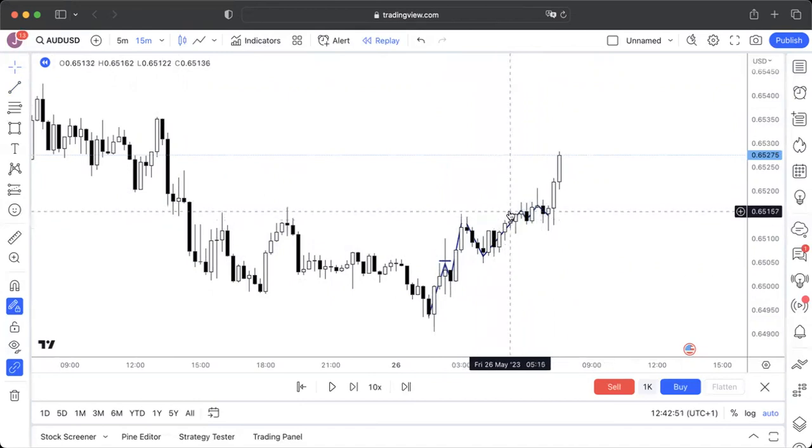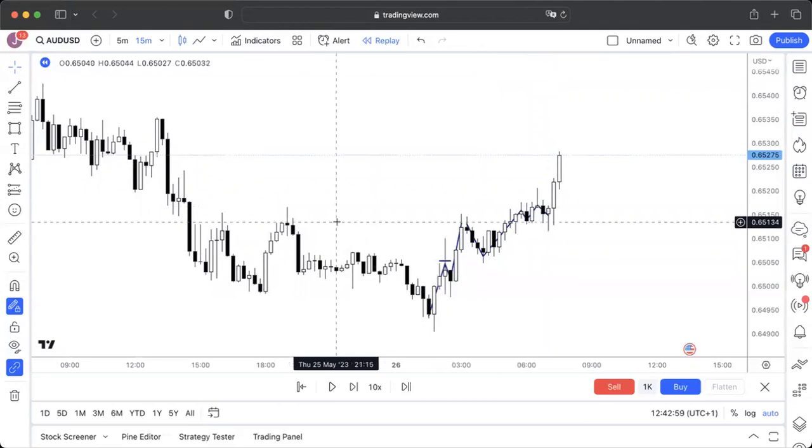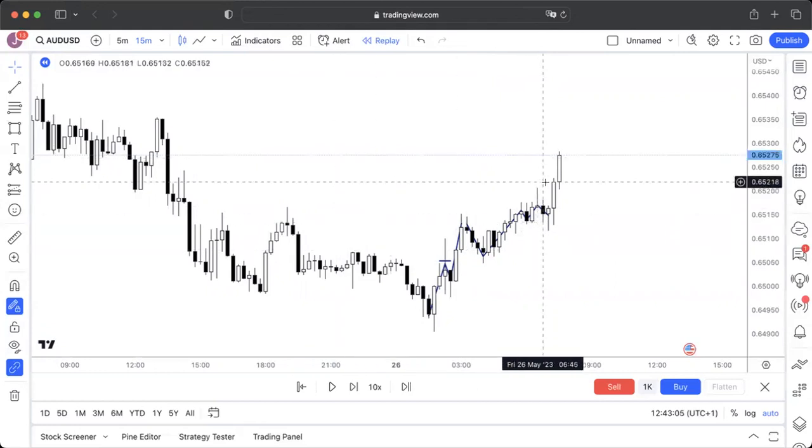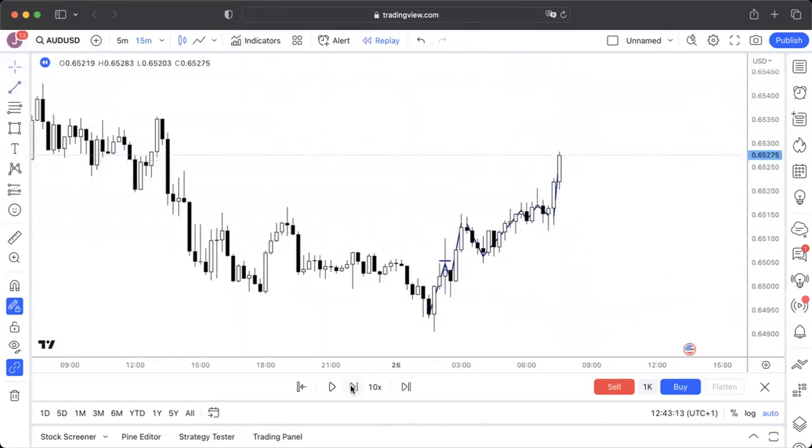It wicks on the first attempt, then doesn't break the wicks. Wicks again, it never breaks all the wicks, so that's not classed as a breakout for us. I'll talk about that in another video as well, in some common mistakes videos and extra rules, things to avoid. But back to this. Now we have a second break, because now price has broken to the upside clearly.